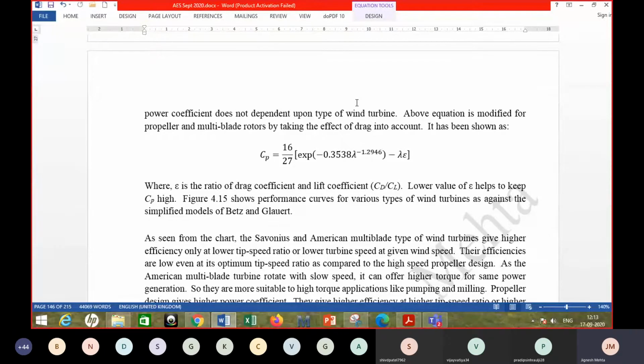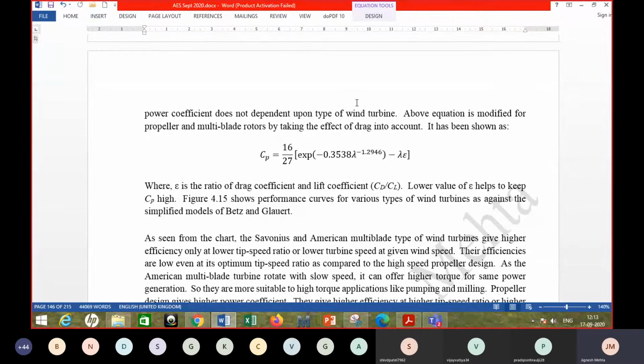Obviously this minus means this lambda into epsilon is a positive number, so deducting it from the first term is going to give you a lower value. So lambda into this epsilon always is going to give you a lower value as compared to that term not being present. Lambda, you already know, is the tip speed ratio, and this epsilon is the ratio of drag coefficient and lift coefficient, CD by CL.